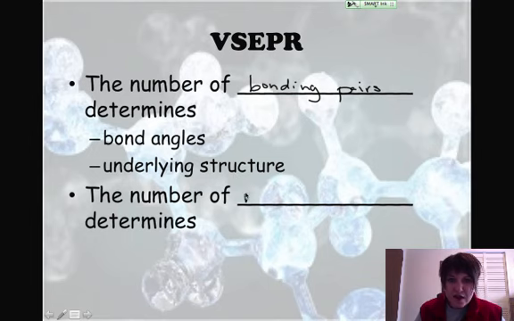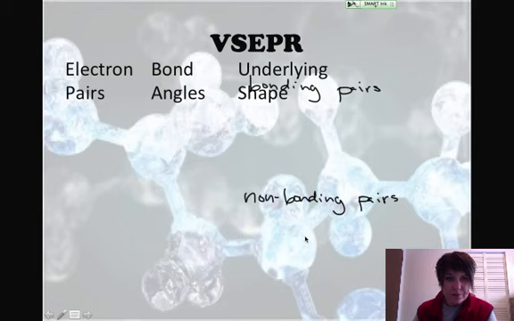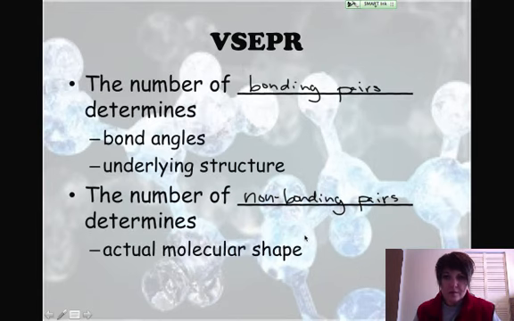The number of non-bonding pairs, however, the lone pair electrons, are going to help us to decide the actual molecular shape and the actual bond angle between the atoms.